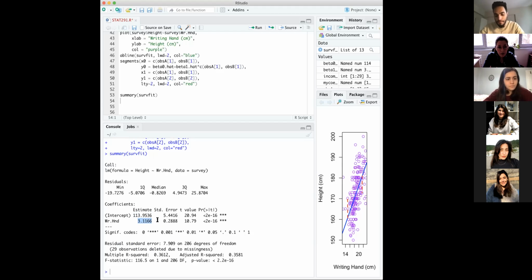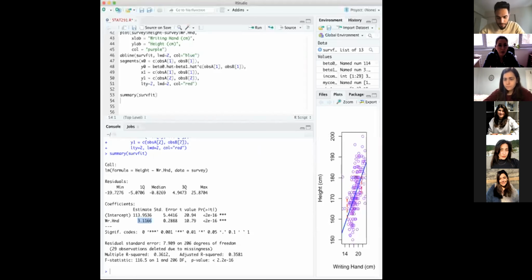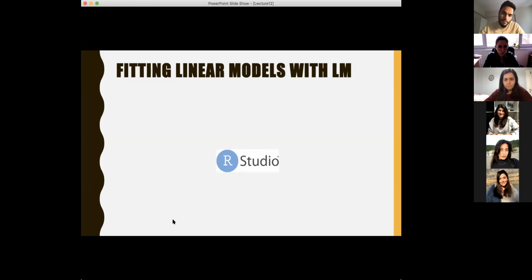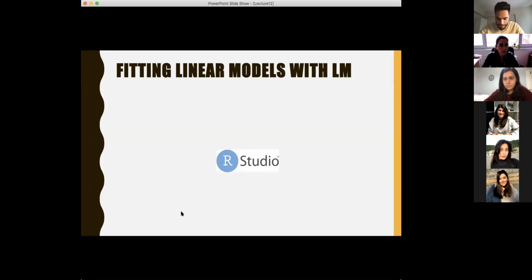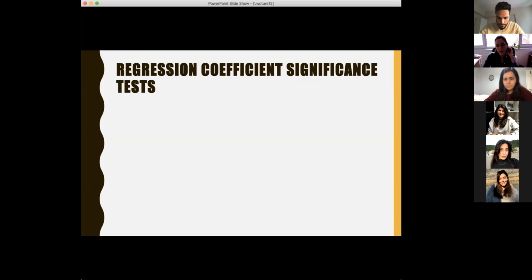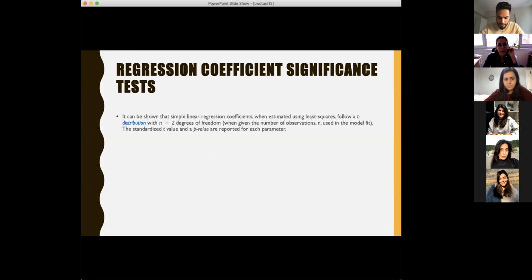And of course, R is giving you some statistical values in here, but before moving on, let me stop sharing here and share my PowerPoint. So if we are talking about the regression coefficient significance test in here, we say that the simple linear regression coefficients estimated using least squares follow a t distribution.